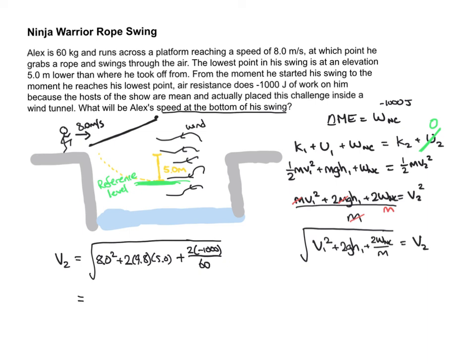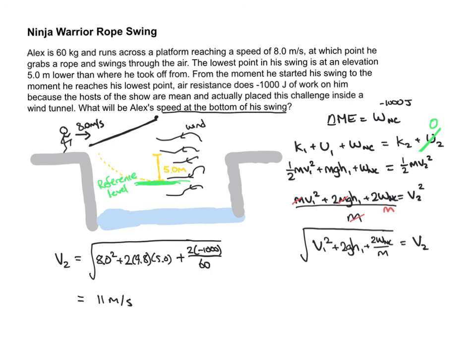All right, so let's get all that in the calculator. Okay, so I'm getting 11 meters per second when I round to 2 sig figs.